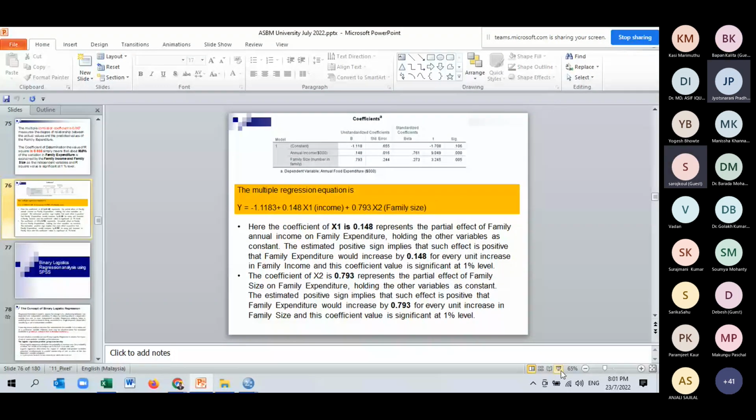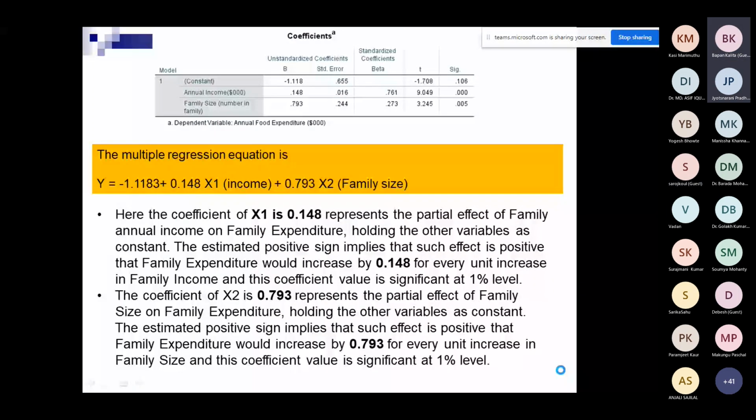So multiple regression: this is A, the intercept, this is B1 and this is B2. If you substitute someone's family income and family size, we can anticipate how much the expenditure will be. Coefficient X1 is 0.148.